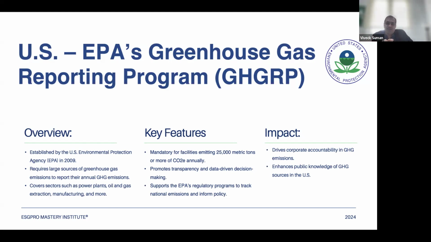They were established in 2009, and they required large sources of greenhouse gas emissions to report their annual GHG emissions. Specifically, all the companies which have a headquarters in the US try to use GHGRP, and its regulation covers power plants. Like in India, as I told you, energy is the major one, because the CEA is the authority under the Ministry of Energy and Forest, I think they are together.